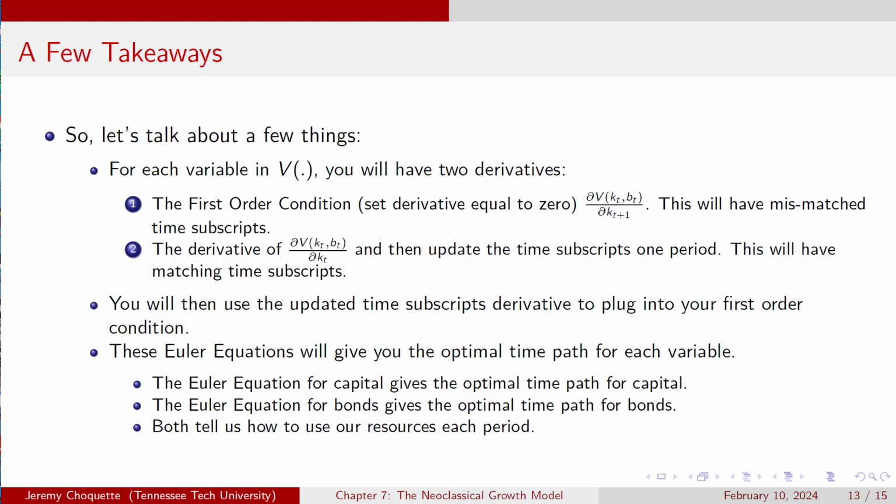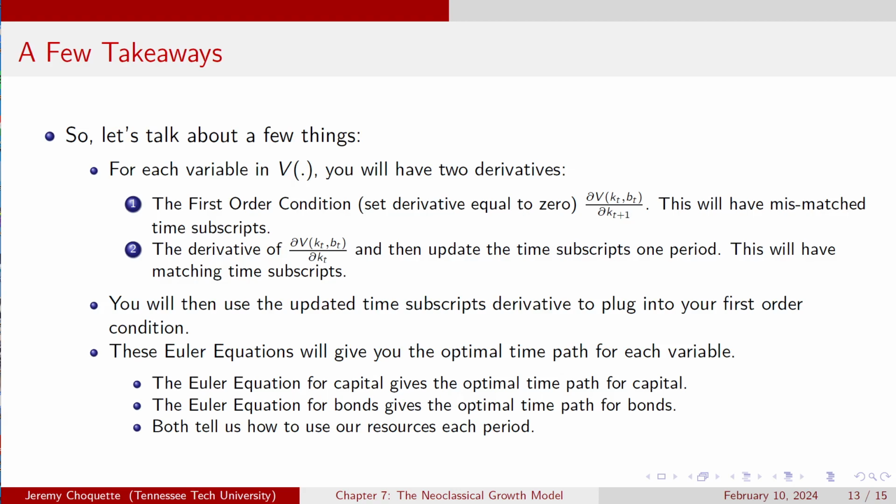So then you go back to your Bellman equation. You take the derivative of v of kt and bt with respect to kt, and you update the time subscripts of that derivative. This now has matching time subscripts, just like what you needed in that first order condition, and you plug that into your first order condition. And the Euler equation will give you the optimal time path for whichever variable you're looking at, right?